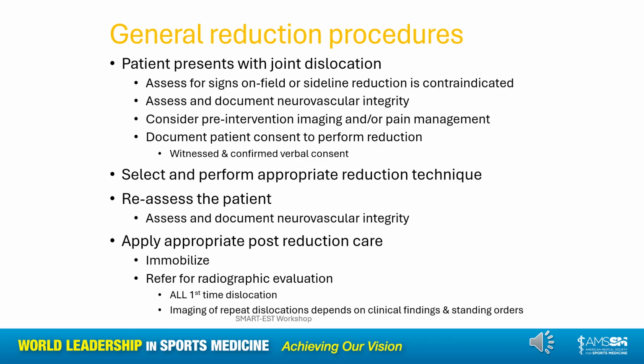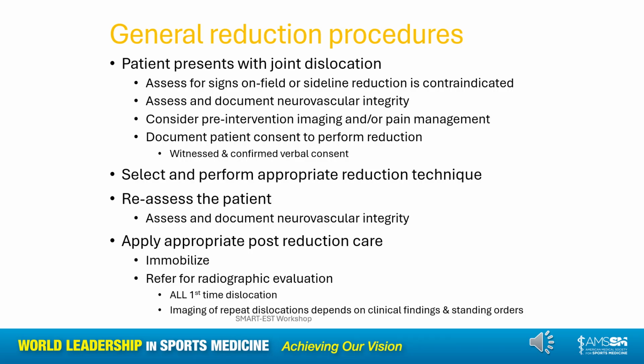With that patient consent, you select and perform the appropriate reduction technique. After you have successfully reduced the joint, you reassess the patient, and assess and document their neurovascular integrity post-reduction.